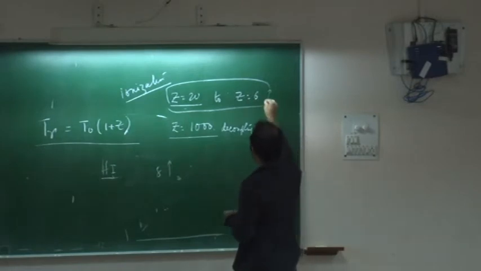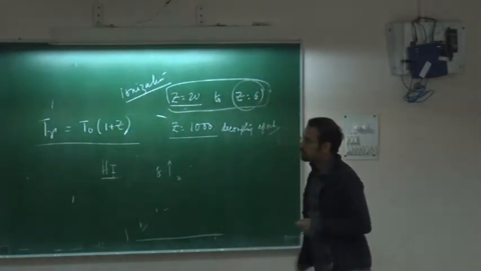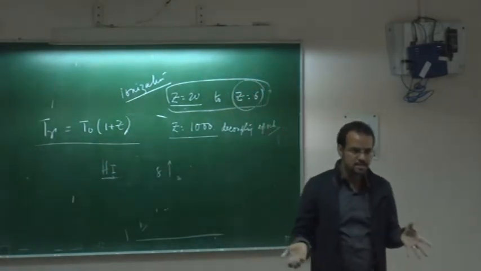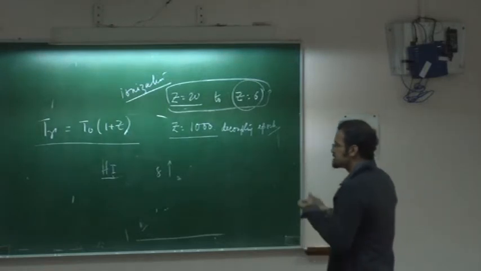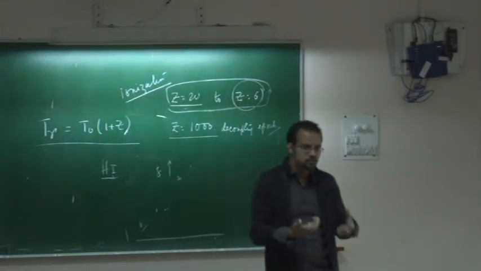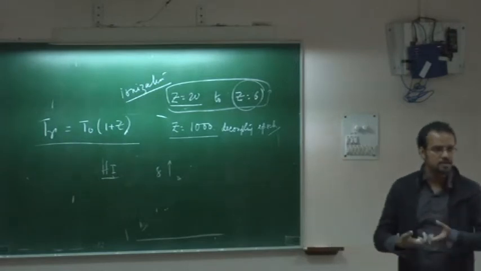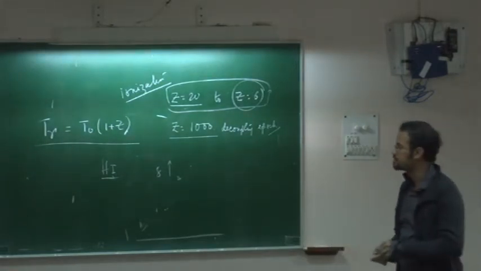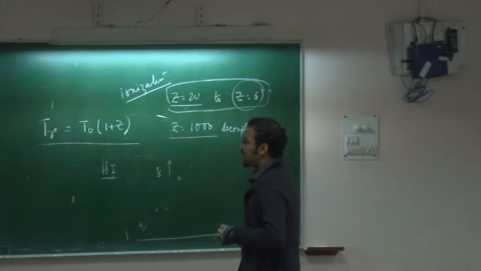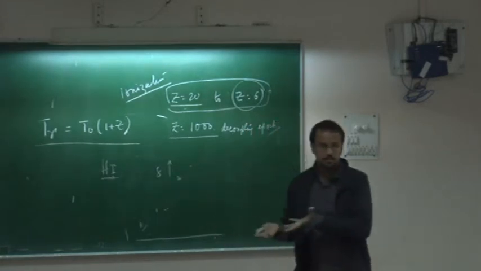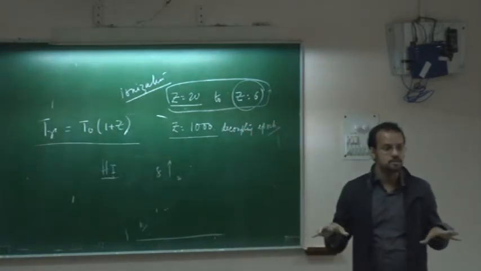After redshift 6, most of the universe, as I said, is ionized. These galaxies and stars have formed, quasars have formed, and the collapsed structures are out there. The universe pretty much looks like as we see it today. The universe is extremely inhomogeneous.